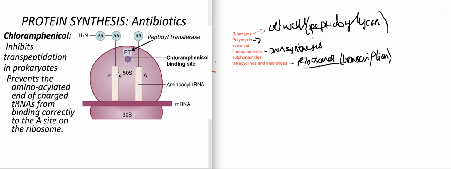The A then moves on to the P site, and then to the E. What happens to the top bit is the amino acid chain keeps on racking up. So chloramphenicol prevents transpeptidation, so it prevents the bond forming between the amino acids.